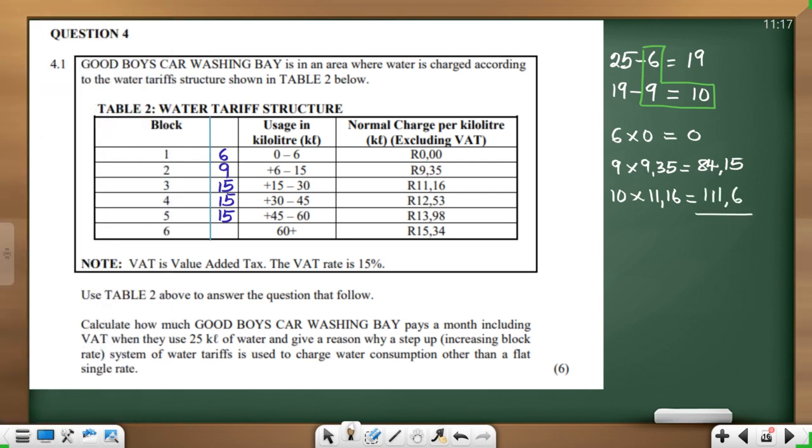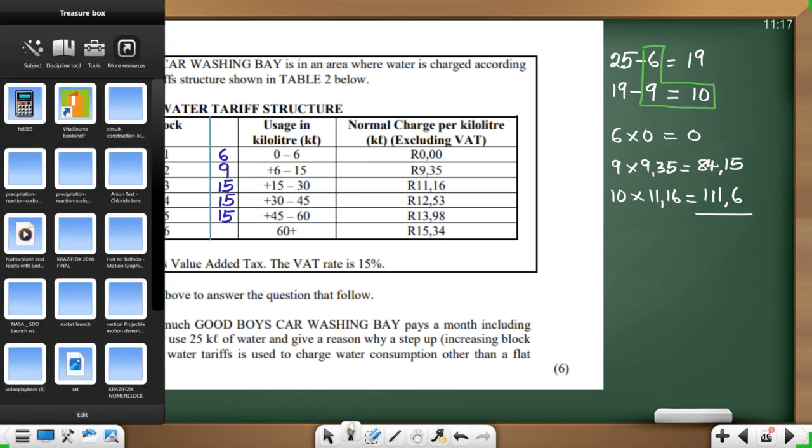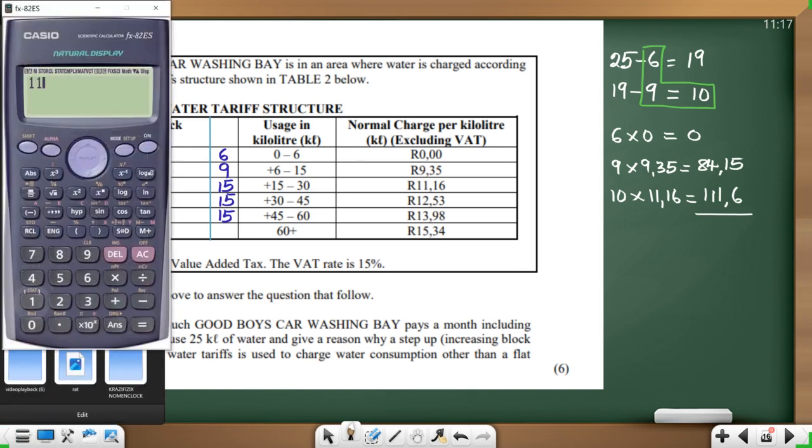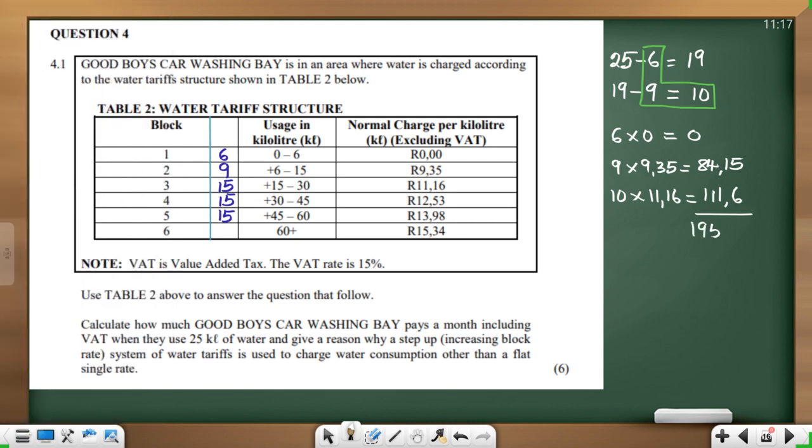What do we do? We add now. So just use your calculator again. 111.6 plus 84.15. What do we have? 195.75. Now remember, we have to add the VAT to this one.